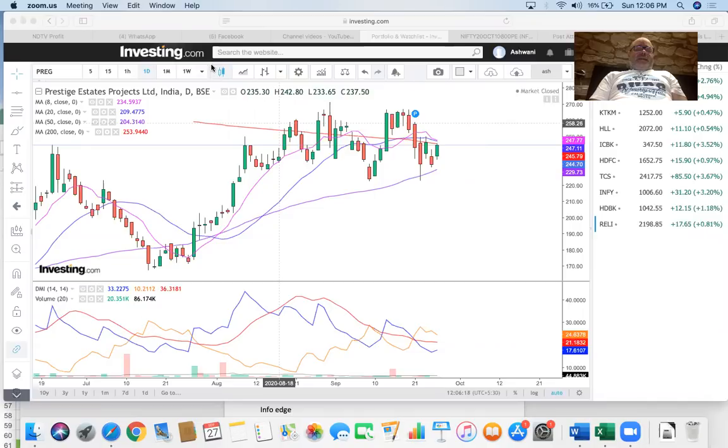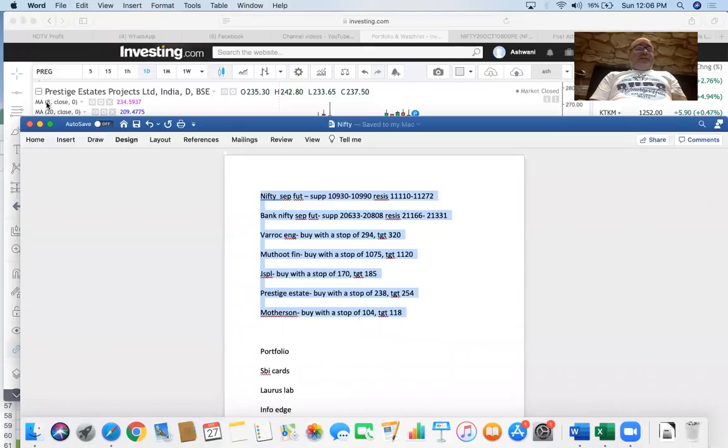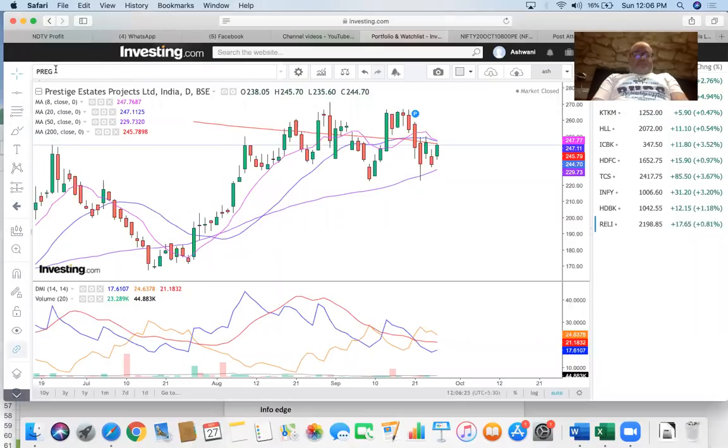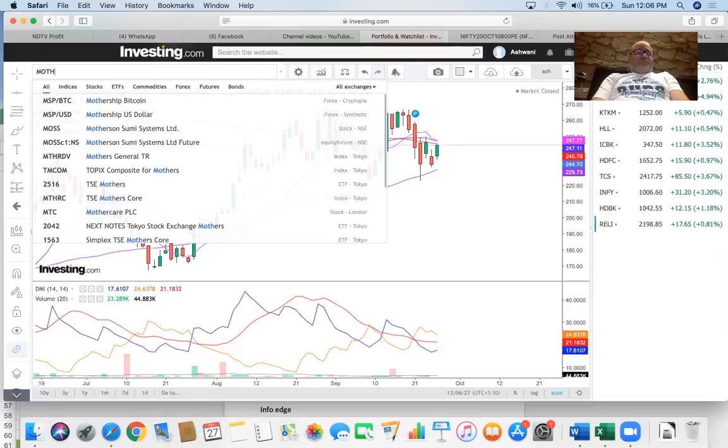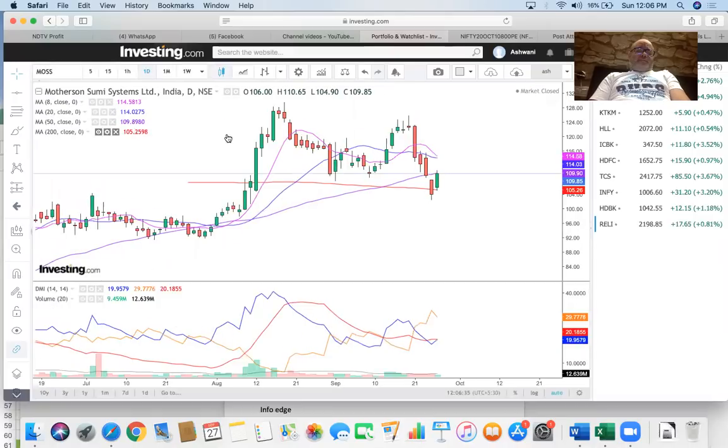And finally, we have Motherson. Again, sharp downside, support at 200, can get back to these highs.